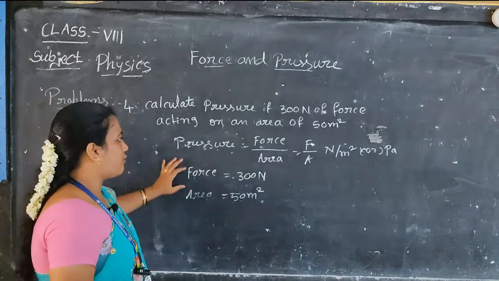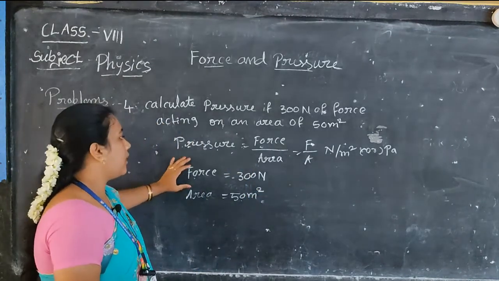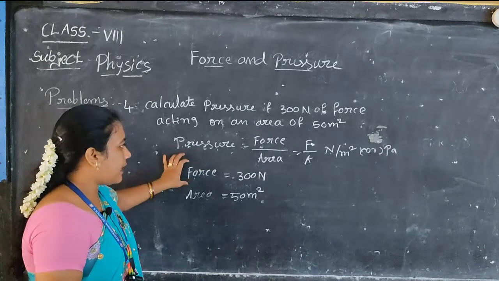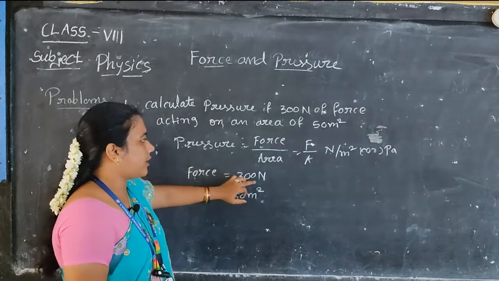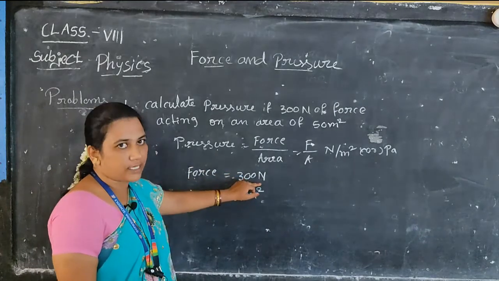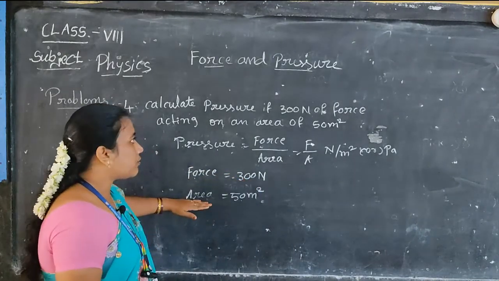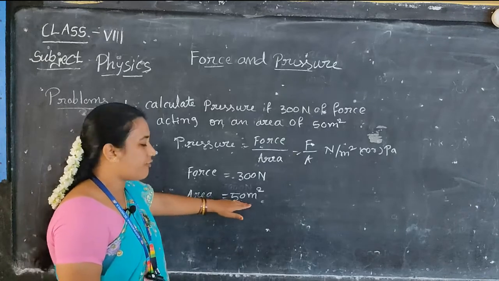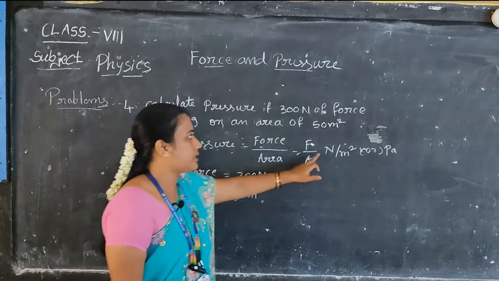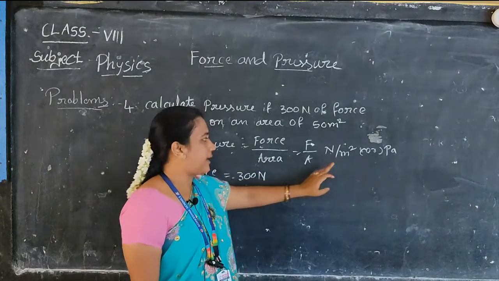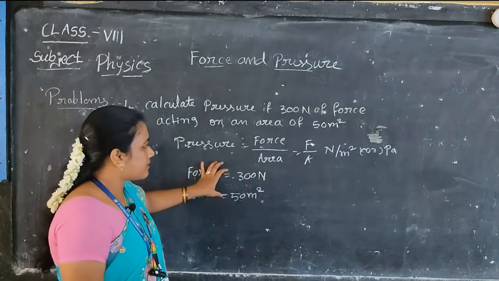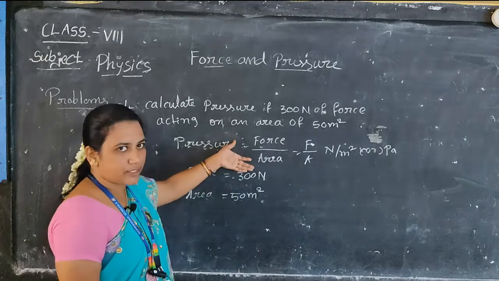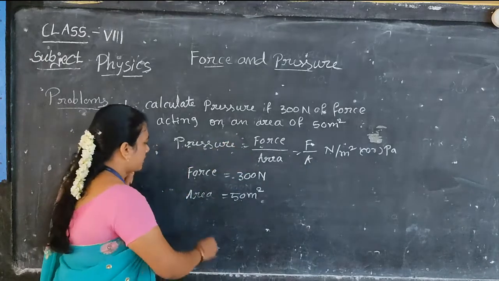Here also, first of all, you have to note down the values and their units. Force is given as 300 newtons; no need to change any units. Coming to the area, it is given in 50 meter square only, and the unit is Newton by meter square, so again no need to change any units. Directly introduce these values into the formula.